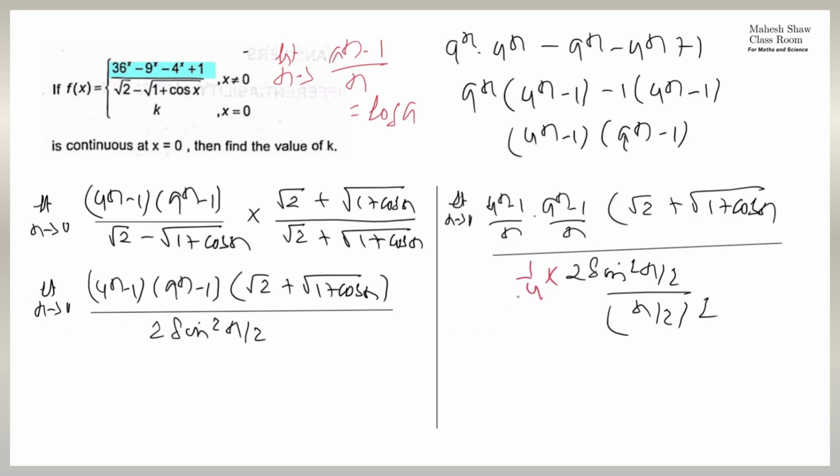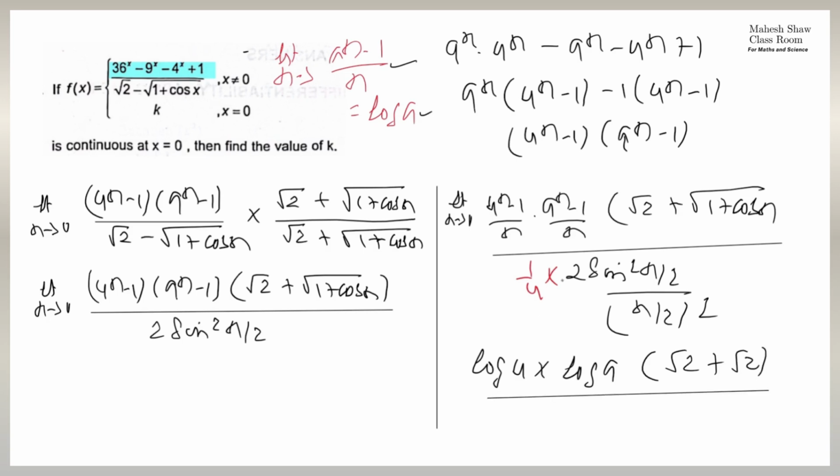Now for further simplification, as I said, we are going to apply these standard limits. So applying the limit over here, this is log a, so this is log 4 into log 9. And placing the limit over here, this is √2. Cos 0 is 1, so it is 1 plus 1, that is root 2 again.